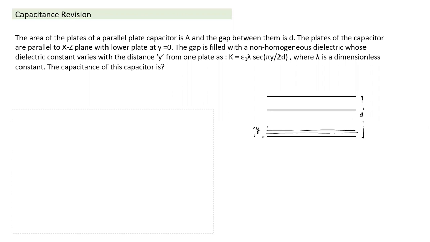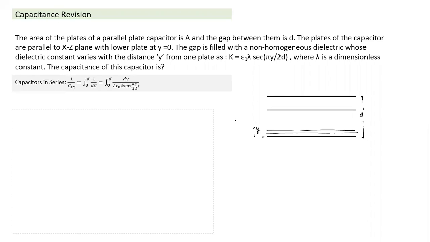We need to assume an infinite number of layers of dielectric, so this entire capacitor is equivalent to an infinite number of capacitors connected in series. I'll calculate the capacitance of one random capacitor and add up for the series combination. How do we do it?